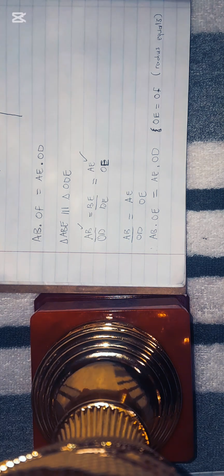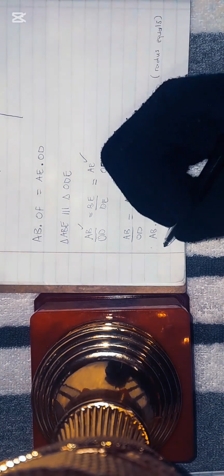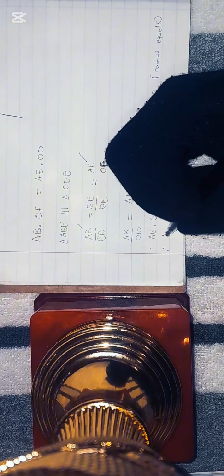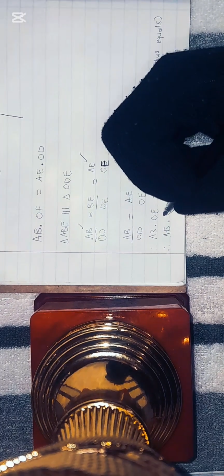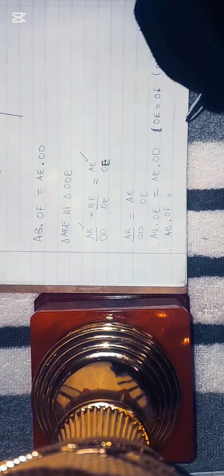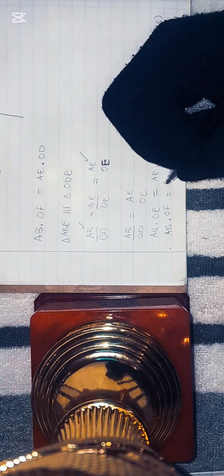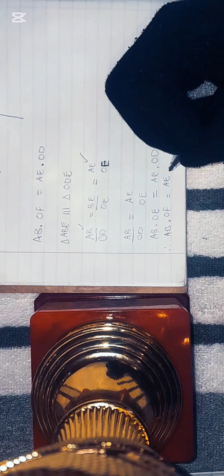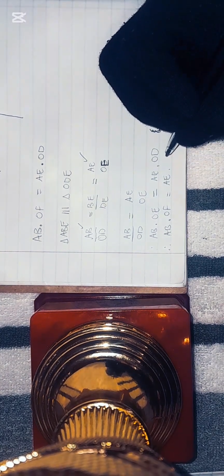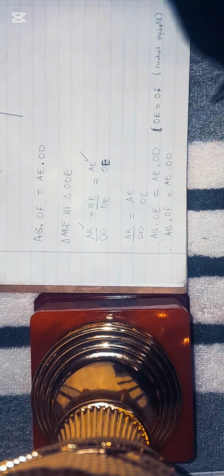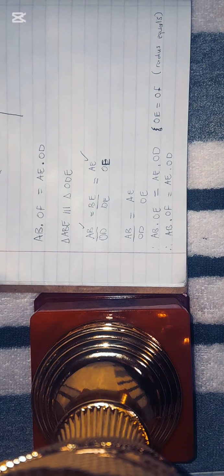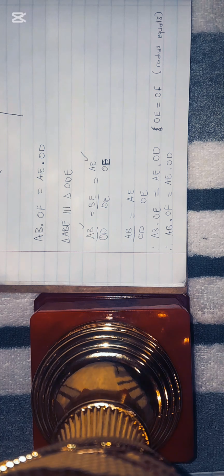So any one of those reasons will make sense. And then we can say now AB multiplied by OF equals AE multiplied by OD. Then you complete your 7 marks there. Then we are going to be looking at the next question.